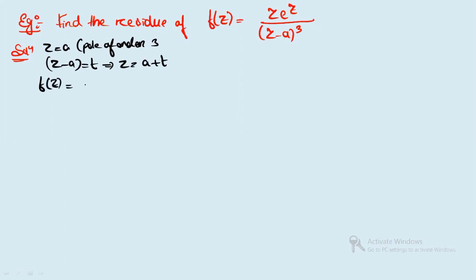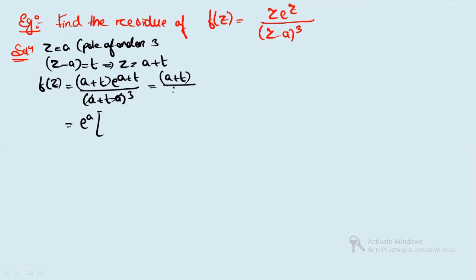The function f(z) can be written as (a plus t) e to the power (a plus t) by ((a plus t) minus a) whole cube. The a gets cancelled. e to the power a is a constant term. So this is t cube. I'm writing here (a plus t) by t cube, e to the power a times e to the power t. So I will write it as a by t cube plus 1 by t square, times e to the power t.